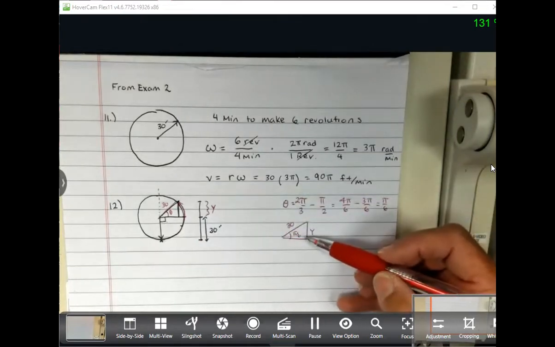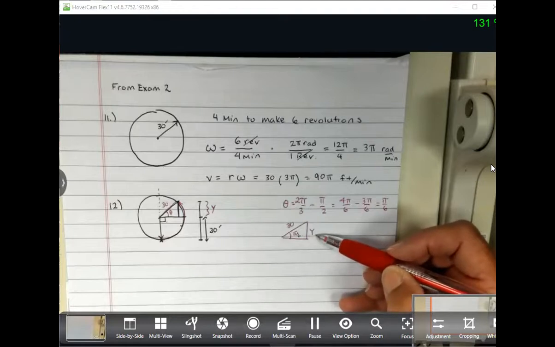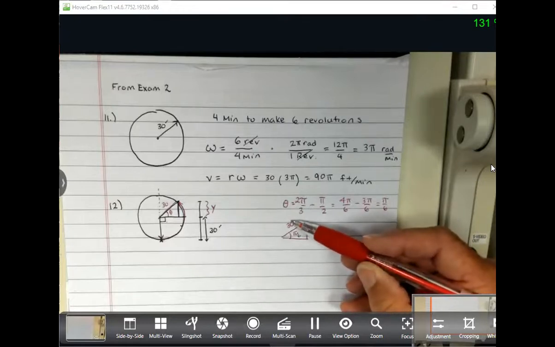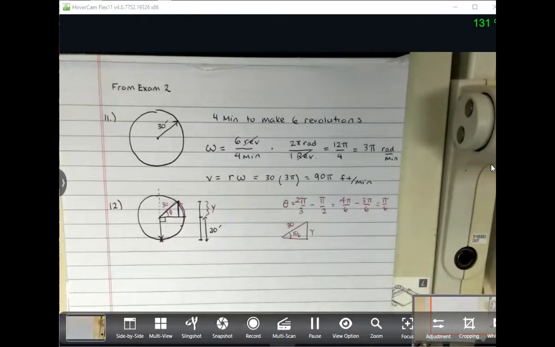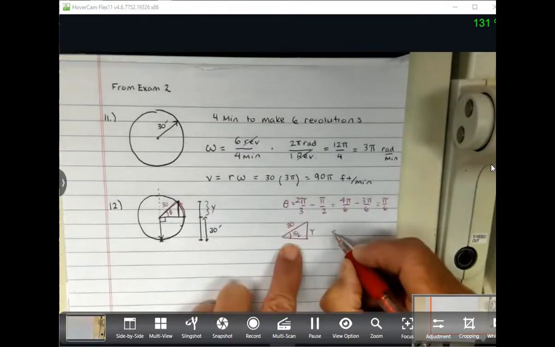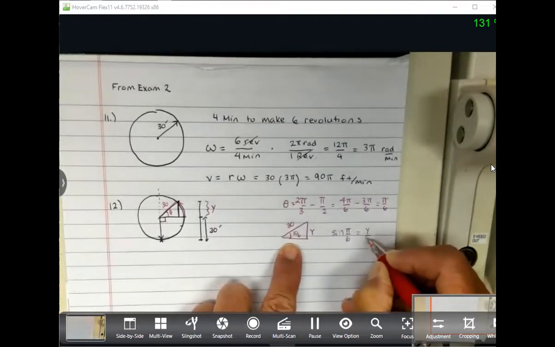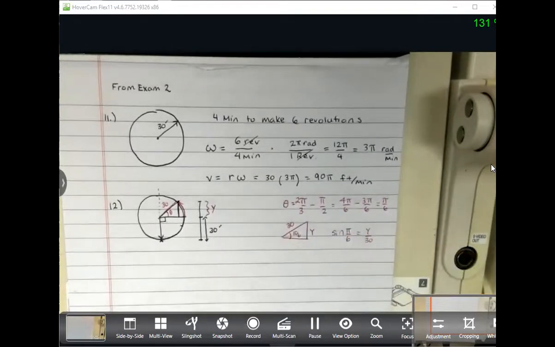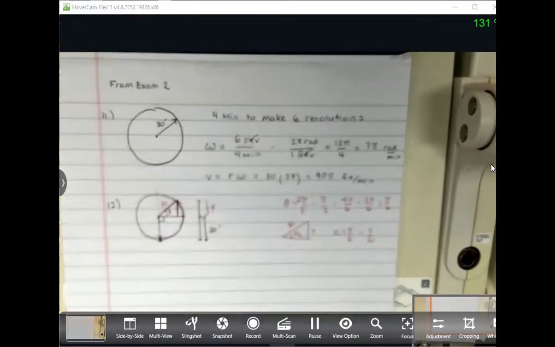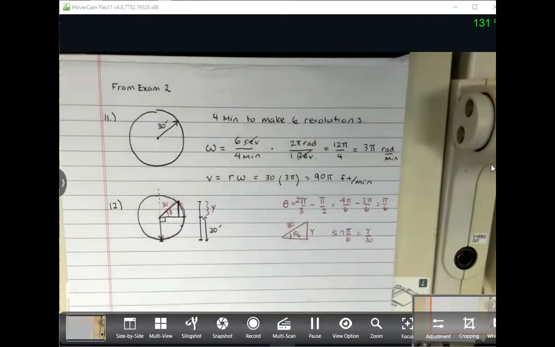In this right triangle, y is opposite the given angle, and I also have the hypotenuse. So if you remember your right triangle trigonometry, the sine of that angle will give me the opposite over the hypotenuse. So the sine of pi over 6 is y divided by 30. Quick, quick, quick, what's the sine of pi over 6? I want the sine of it. 1/2.